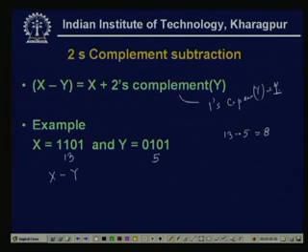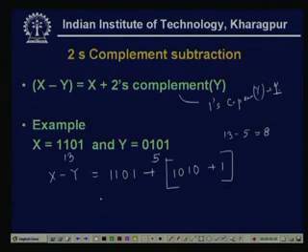Now, x minus y is 1101 plus the 2's complement of y, meaning first the 1's complement of y plus 1. So, 0101 if I flip, it will be 1010, plus 1. So, this will be 1101 plus 1011.